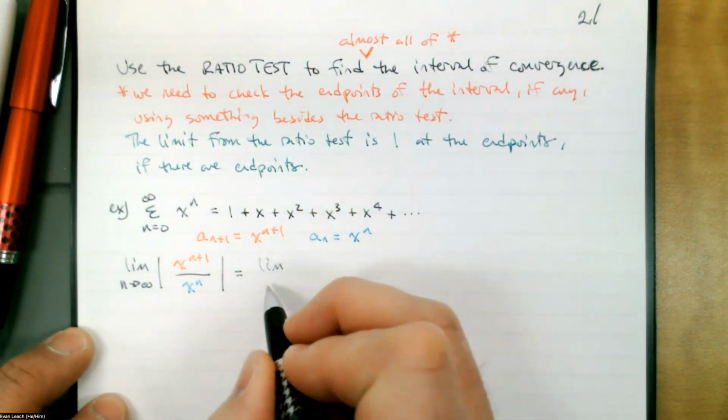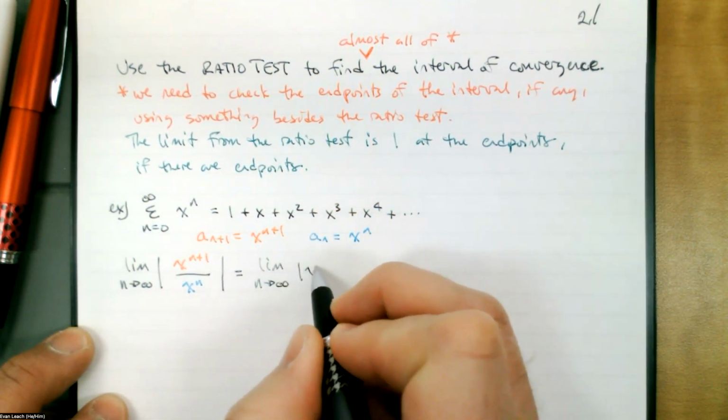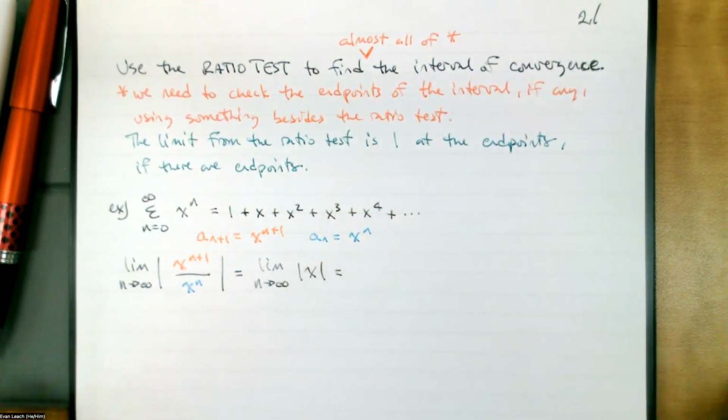Notice that our limit is as n goes to infinity, but n just dropped out. It's the limit as n goes to infinity, not x.